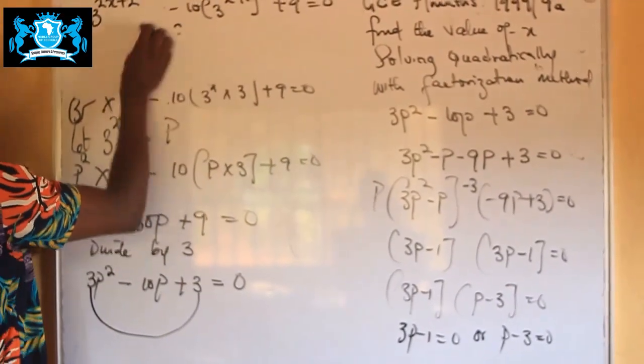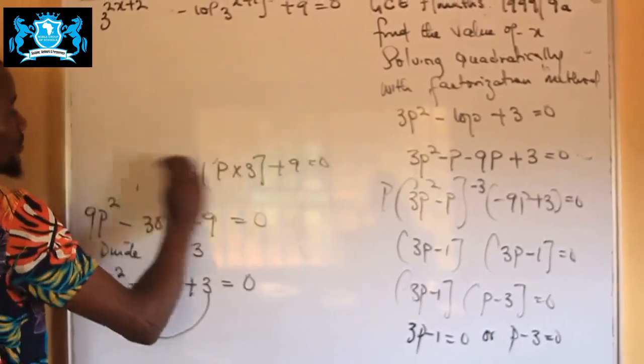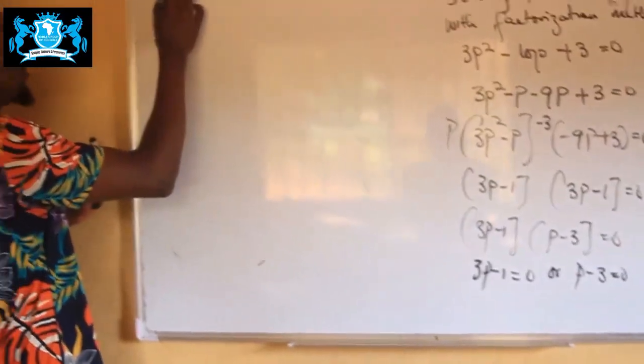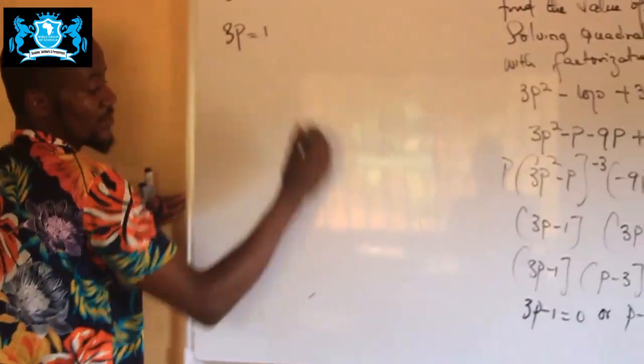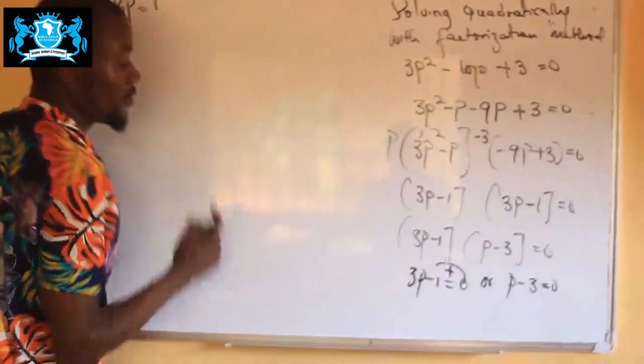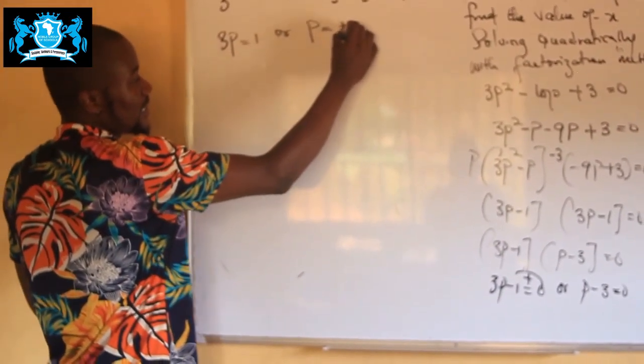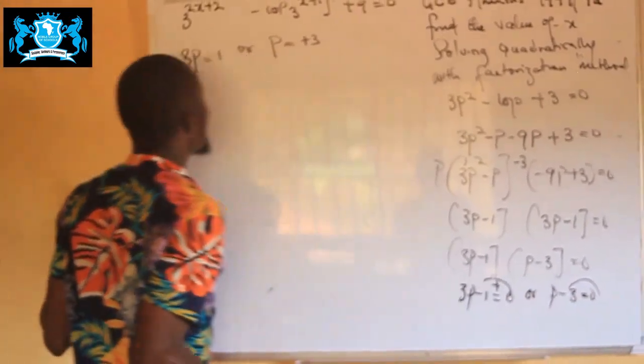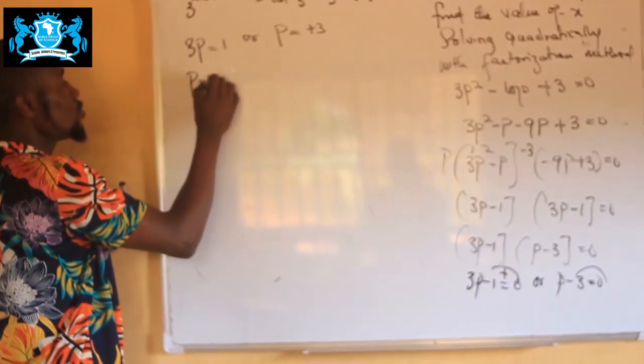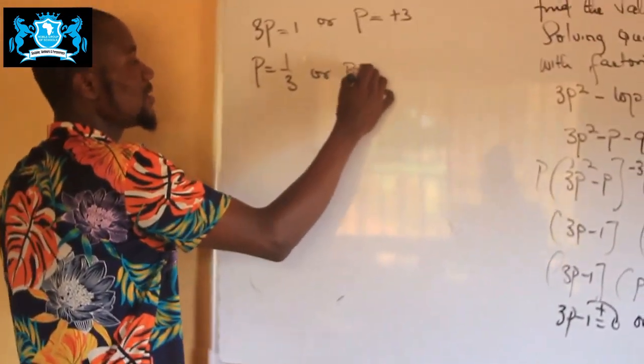So you keep on solving. 3p is equal to 1, when this one moves over it changes from minus to plus, or p is equal to plus 3, the same thing. Now we have p equals 1 over 3, or p equals 3.